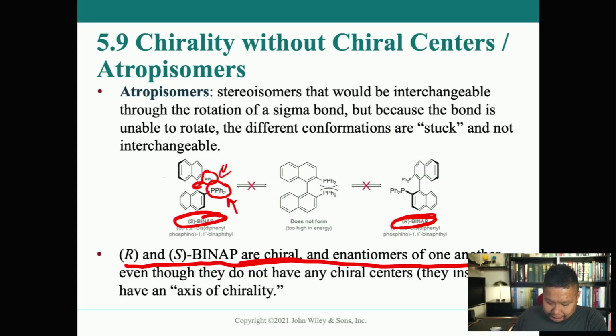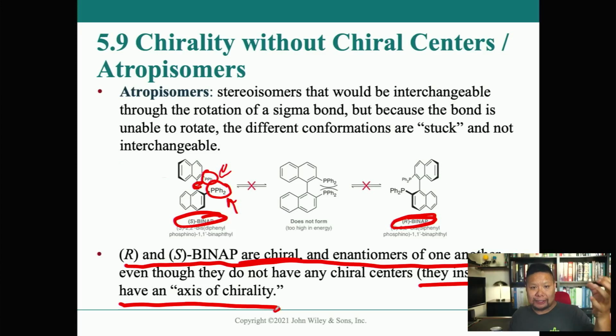So instead of having a chiral carbon as its source of chirality, its chirality is sourced from an axis of chirality. So you can have the chiral carbon be the chiral center, or you can have an axis of chirality too. The axis of chirality here is this single bond right here, that's supposed to be able to rotate, had it not been for those big phenyl groups hanging out right there. But it can't. So that's why it has this axis of chirality.